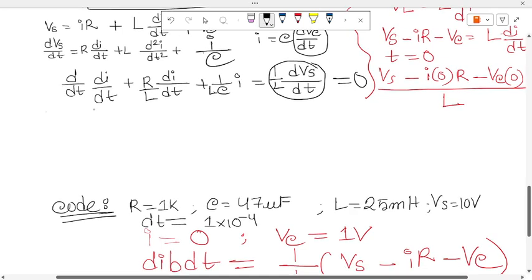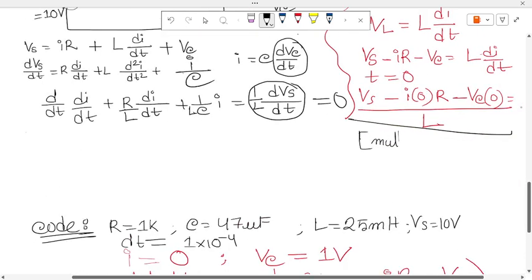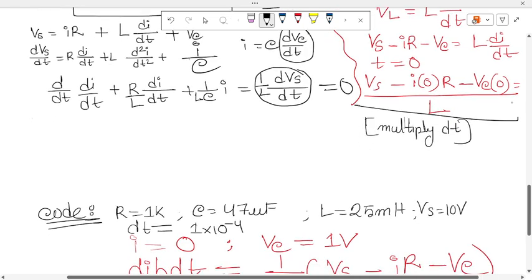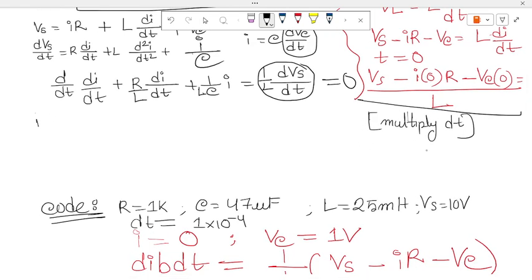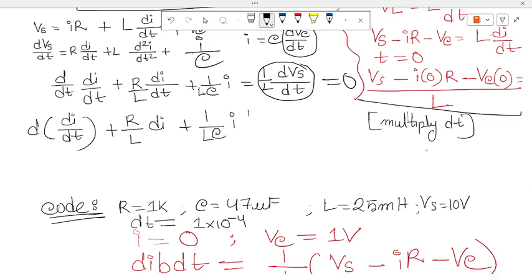Now you need to multiply the equation by dt, and if you multiply the whole equation by dt, you will get d di by dt plus R by L multiplied by dt will become di, then 1 by LC I dt.